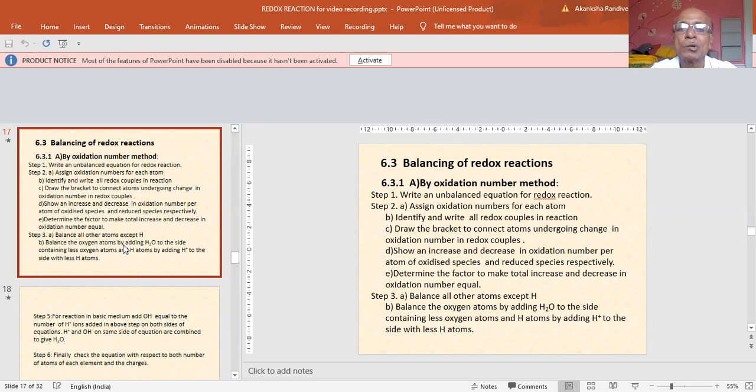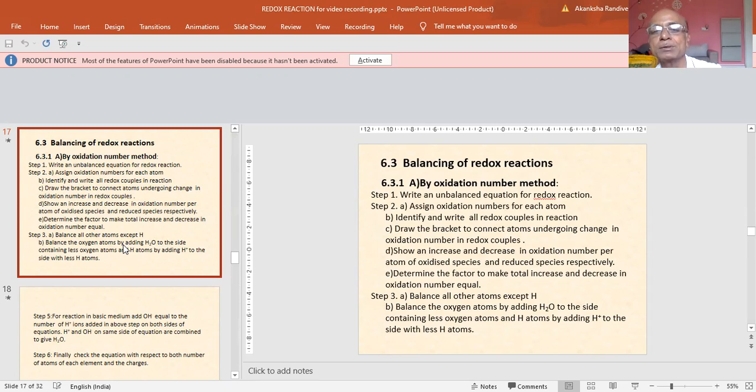Then draw the brackets to connect atoms undergoing change in oxidation number in redox reaction. तिसरी जी सब स्टेप आहे त्यामध्ये जे एलिमेंट्स ऑक्सिडेशन आणि रिडक्शन झालेले आहेत ज्यांचे तिथं ब्रॅकेट करायचं आहे. जे इन्क्रीज इन ऑक्सिडेशन नंबर आणि डिक्रीज इन ऑक्सिडेशन नंबर असे जे एलिमेंट्स आहेत त्या ठिकाणी ब्रॅकेट करायचं. म्हणजे पटकन लक्षात येतं की कोणत्या एलिमेंटचं ऑक्सिडेशन झालं आणि कोणत्या एलिमेंटचं रिडक्शन झालं.